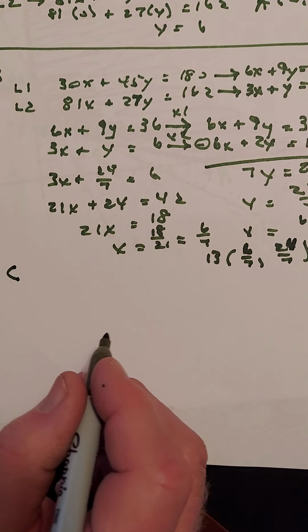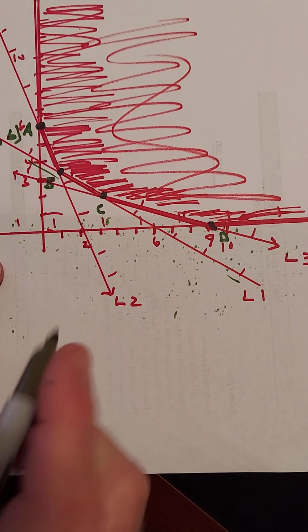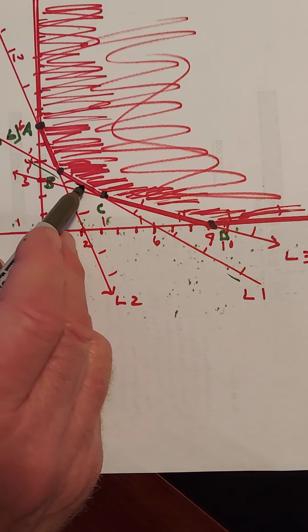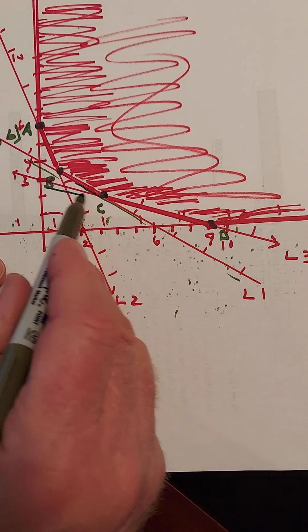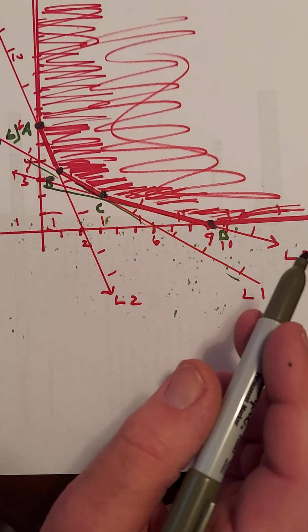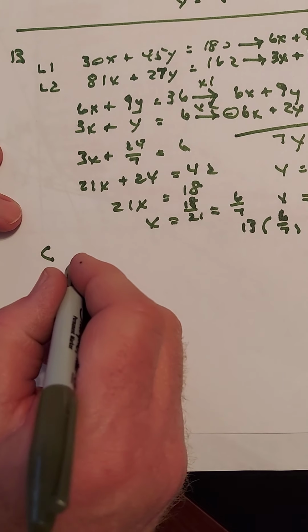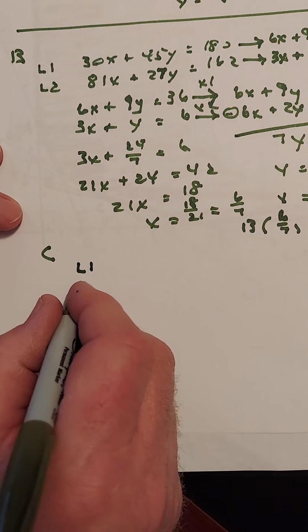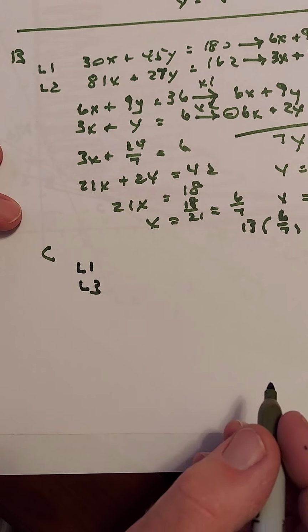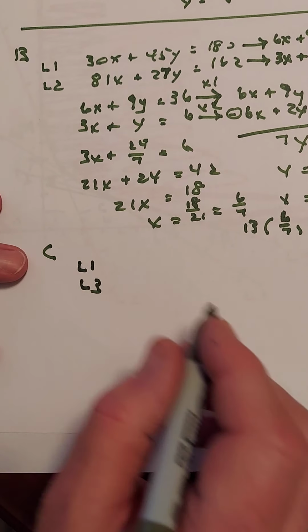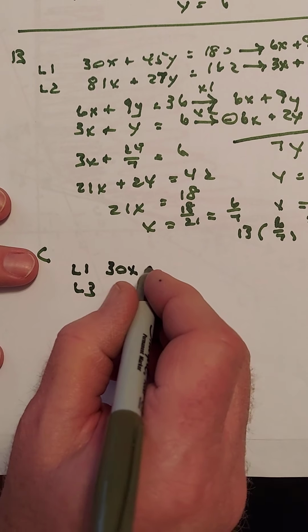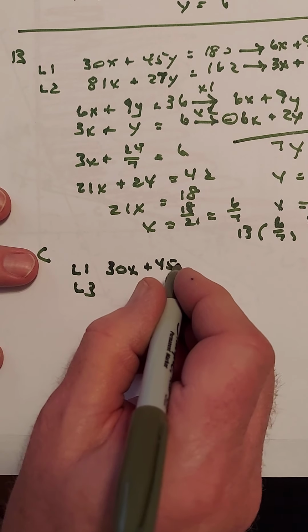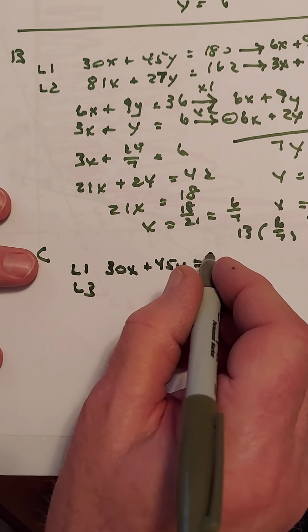Point C. Go back to our picture. Here's point C. It's on this line, which is L1, and this line, which is L3. So now I'm going to go back. I'm going to take L1 and L3. So L1, 30x plus 45y equals 180.